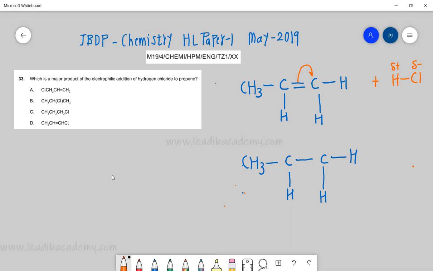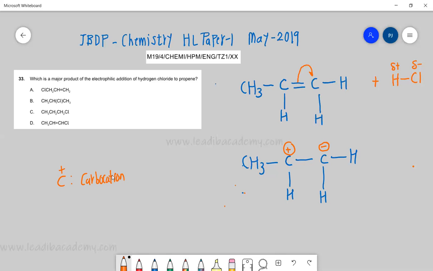Since it has got the extra electrons, this will have a minus charge and this will have a plus charge. What do we call this plus carbon? That is called a carbocation. So C plus means carbocation. That means it is deficient in electrons because it has gifted the electron to the neighboring carbon.